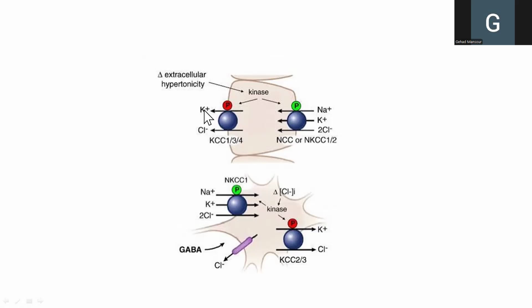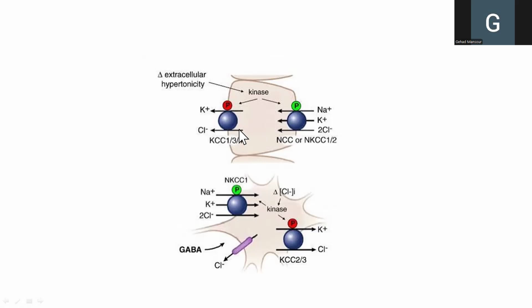And meanwhile, while potassium is being transported down the concentration gradient, just like we said about sodium in the sodium-glucose transporter, it will release energy, and this energy will be used in order to pump chloride against the concentration gradient.